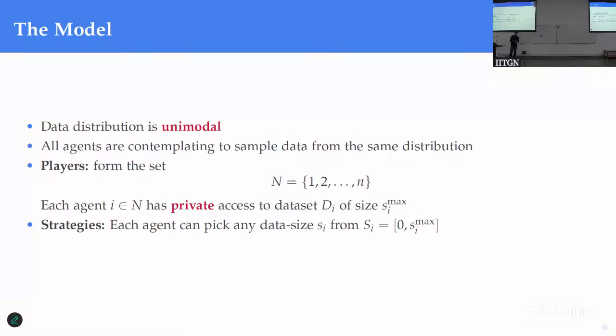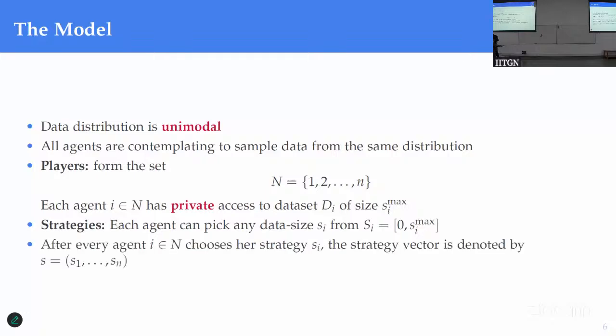So whenever an agent is deciding that I should sample this much data, let's say s_i, which is a real number between 0 and s_i max, that comes at a cost. So picking what s_i agent i should pick is a strategy of that agent. And once everybody chooses, this strategy vector will actually determine how good our model is.